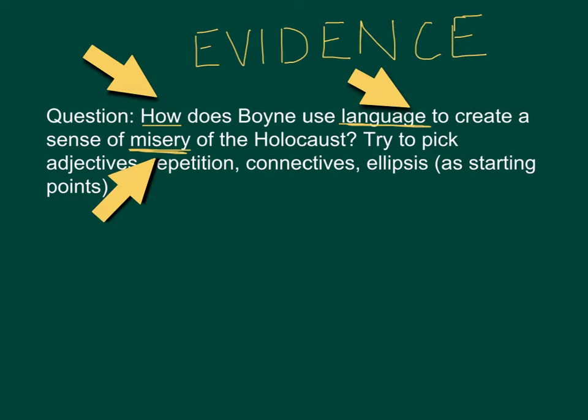Now remember, the word connotations means what it makes you think of, okay? We're going to go over this in class, don't worry. So you need to be picking out words such as hated, noisy and impossible, because these show how miserable Shmuel's life is and how terrible it is, and showing that he's not having a good time.